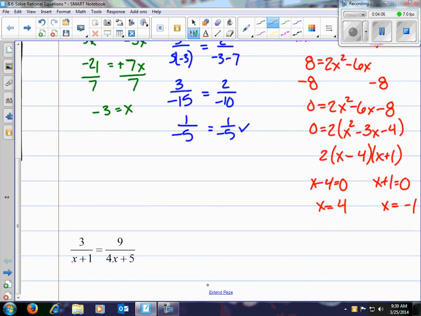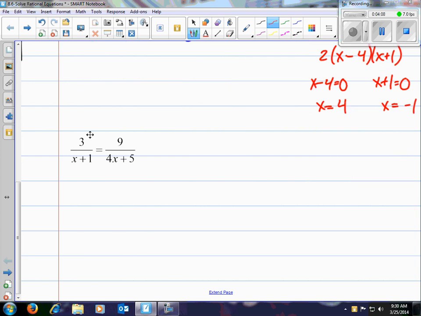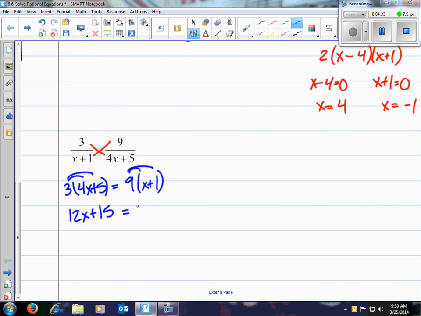Now, the next one, same thing. We're going to cross multiply, just like we have on every single one of these, because there's an equal sign with 2 ratios. So I have 3 times 4x plus 5 is equal to 9 times x plus 1. Distribute both sides. So I have 12x plus 15 is equal to, distribute here, 9x plus 9.